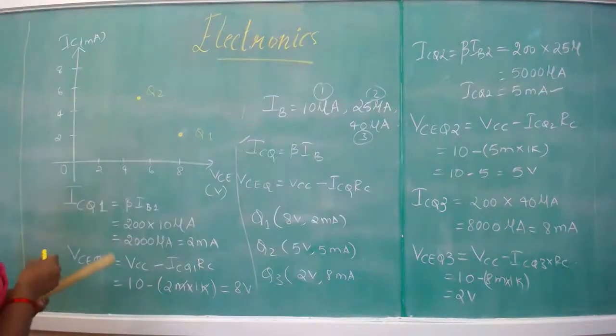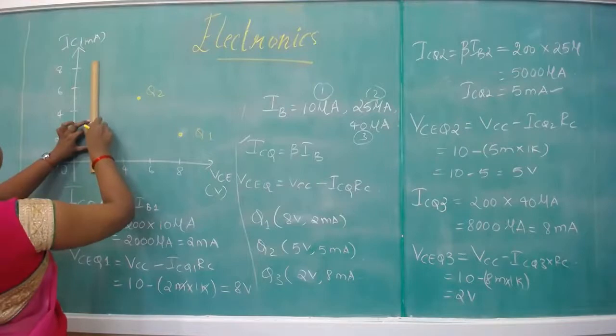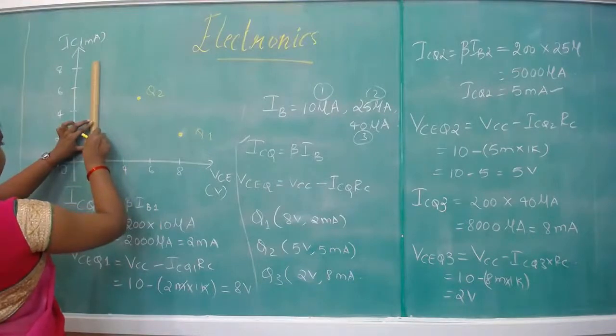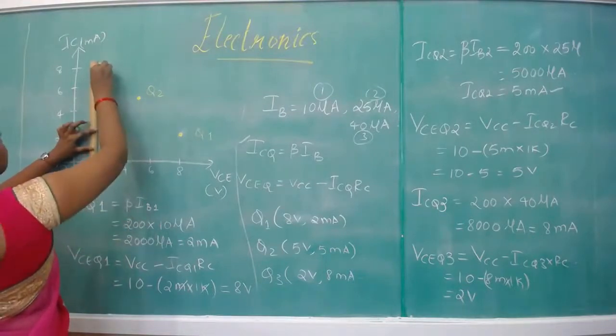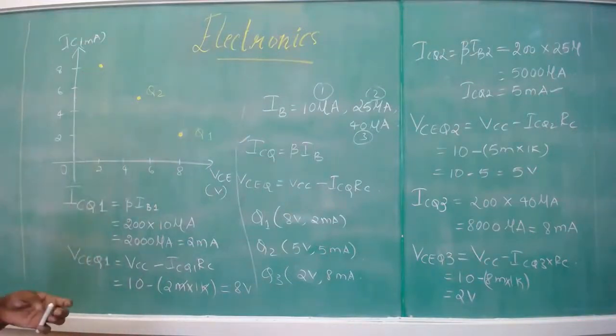The next one for 2 volts, 8 milliamperes. This is the point. So these are the 3 possible Q points which we are going to join now.